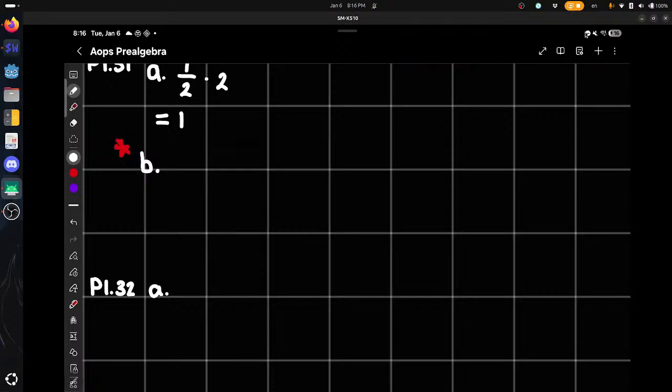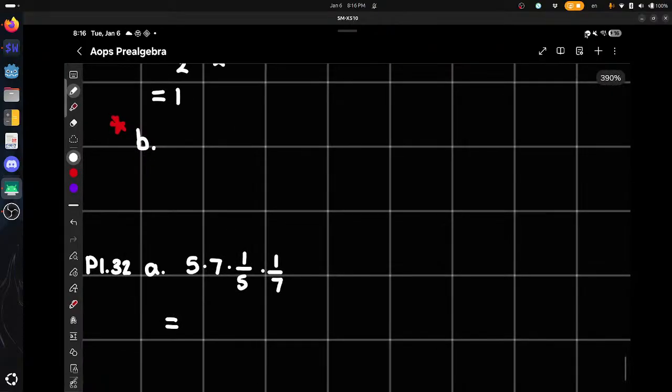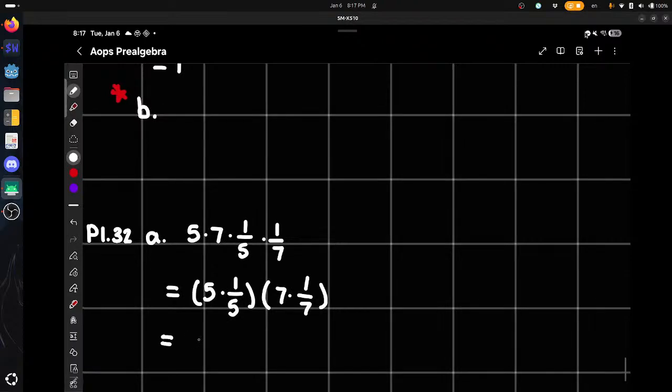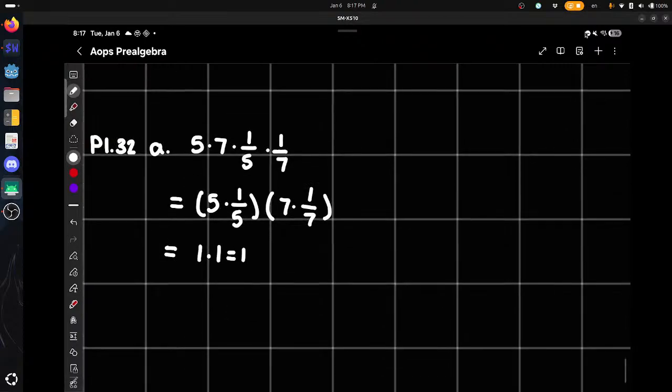What is the product of 5 times 7 and 1/5 times 1/7? So we know that in multiplication we have the commutative property, so we can move these numbers around. So we can do something like this. Now both of these products turn into 1, so we're left with 1.